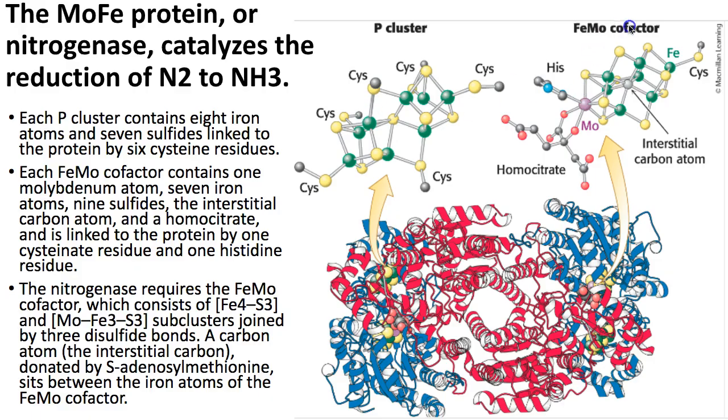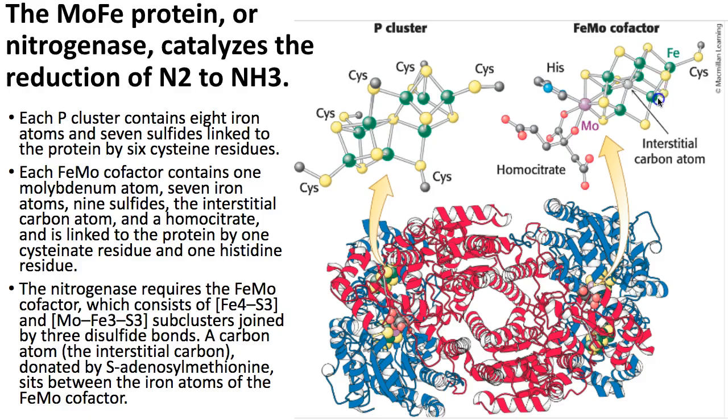As far as the molybdenum iron protein, it contains one molybdenum atom, which is located here. In purple, you have 7 iron atoms, which are green, notated here. Then you have 9 sulfides, which are yellow, located here.